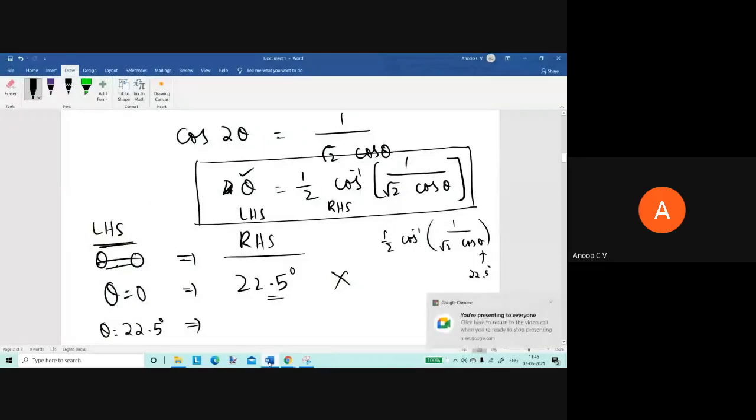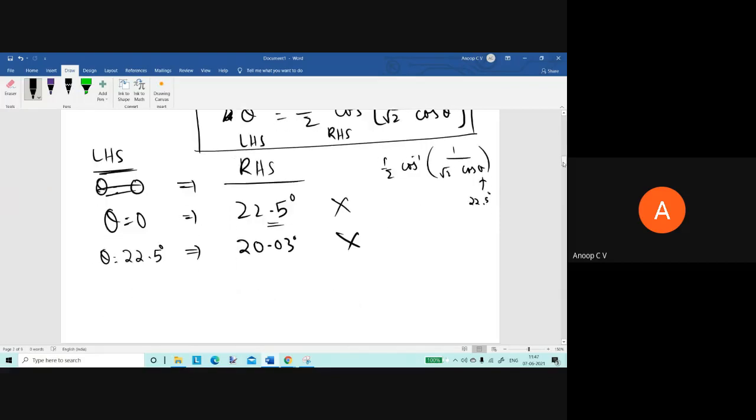So when theta equal to 22.5 degree, the RHS is 20.03 degree. So again LHS is not equal to RHS. Next I'll substitute theta equal to 20.03. Now from this, the theta will be somewhere in between 22.5 and 20.03.